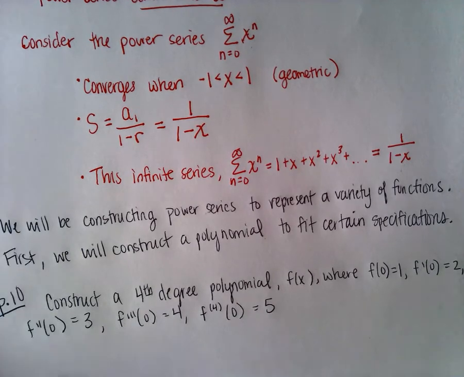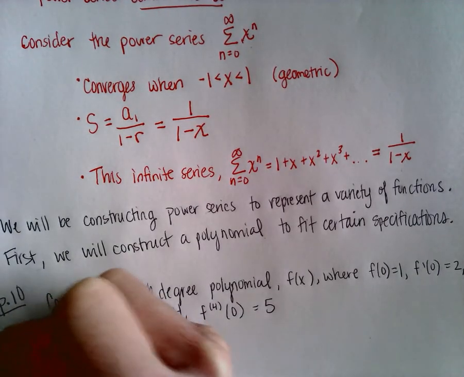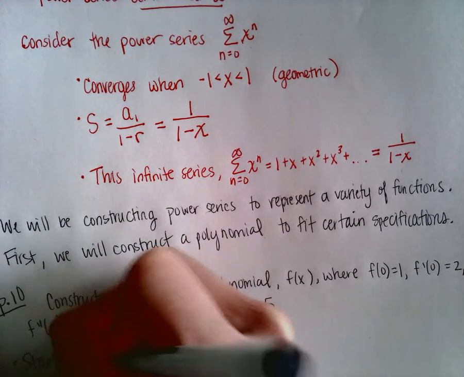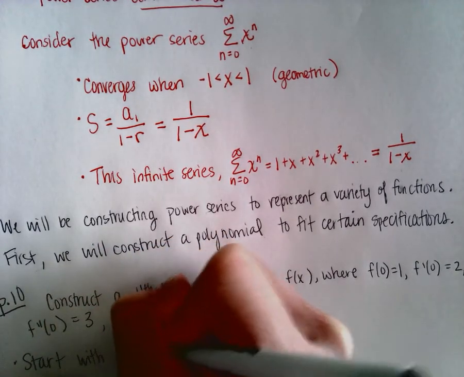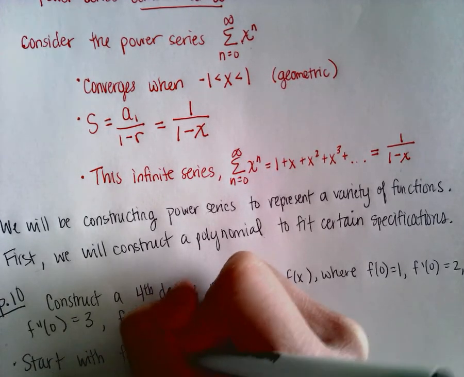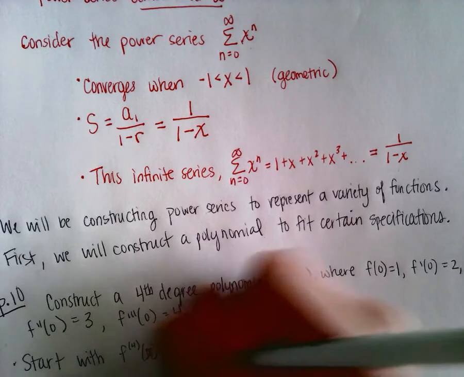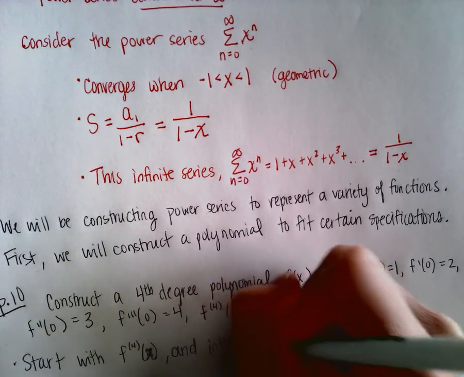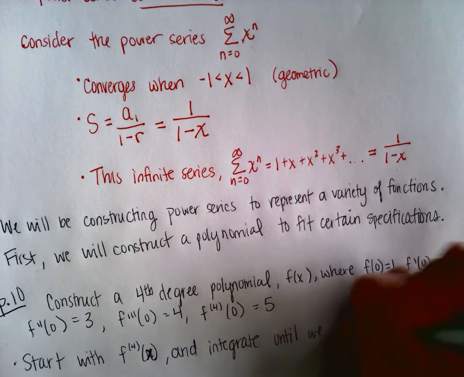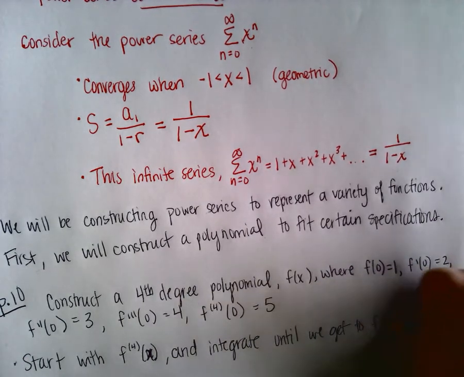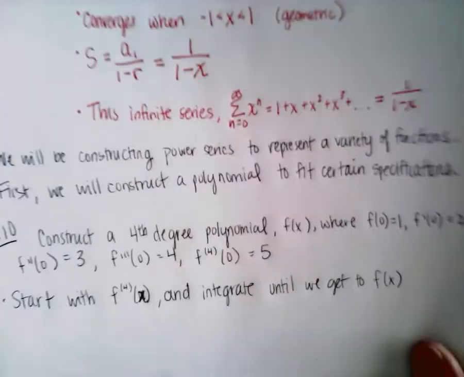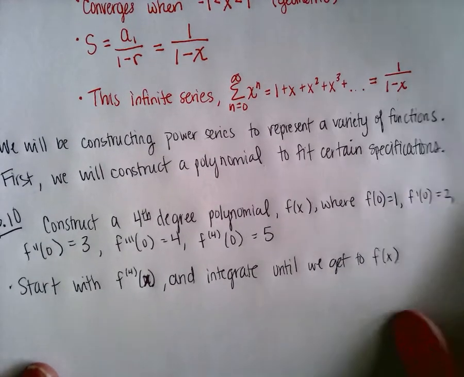So the way we're going to do this, we're going to start with the 4th derivative. So start with the highest derivative, the 4th derivative of x, sorry. And we're going to basically just integrate until we get to f of x. So we should be able to find our solution by starting with the 4th derivative and just integrating a bunch of times.